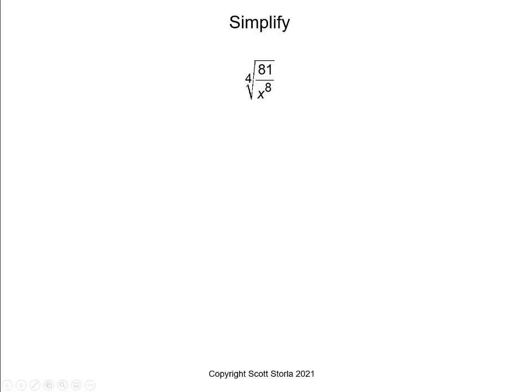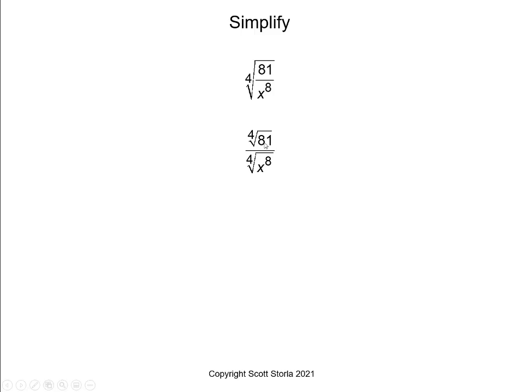Now once we do that, we can often simplify an expression. For instance, here I have the fourth root of 81 divided by x to the 8th. And by that quotient rule, I can write this as 2 fourth roots. So I'm rewriting the root of the quotient as the quotient of the roots.